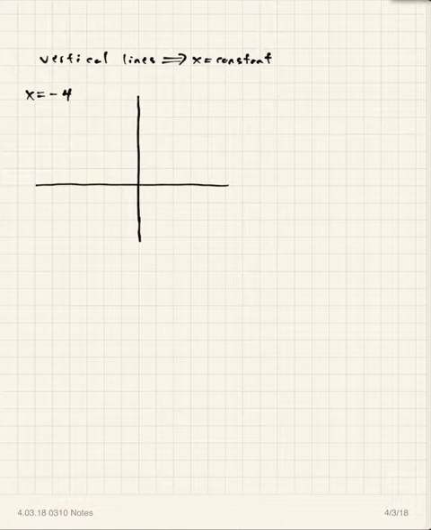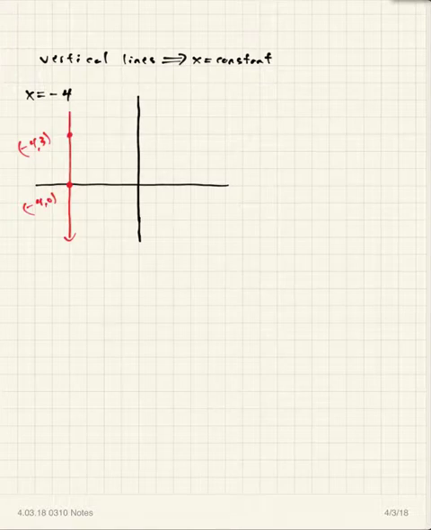Okay, so this is a vertical line that goes through (-4, 0). And let's say we pick another point, we'll use (-4, 3). Right, since it's vertical, it's got to go through those 2 points. The x value's got to always be -4. So those are my 2 points on this vertical line, (-4, 3) and (-4, 0).